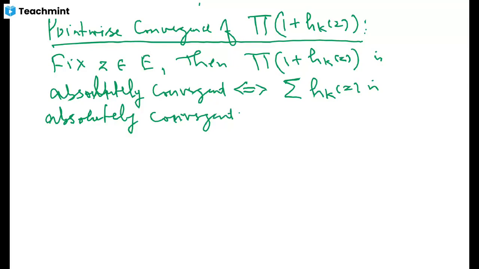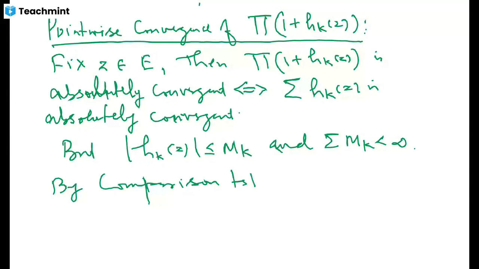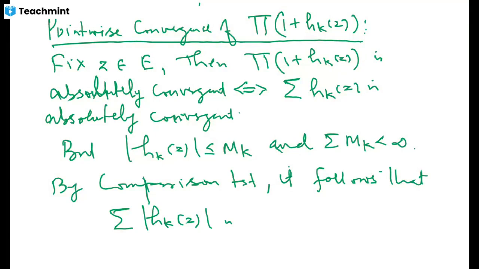So now, but by hypothesis, each mod of each h_k(z) is less than or equal to M_k, and the series formed by M_k's is convergent. So hence, by comparison test, it follows that the series of the numbers mod h_k(z) is convergent.